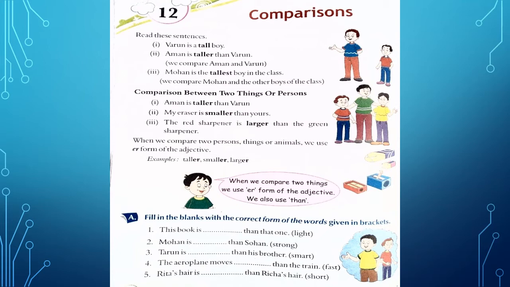Fifth is, Rita's hair is dash than Richa's hair. Here the word short will be changed into shorter. So students, you have to do exercise A in your notebooks. We will read some more in our next slide.